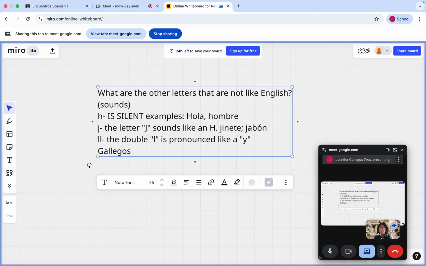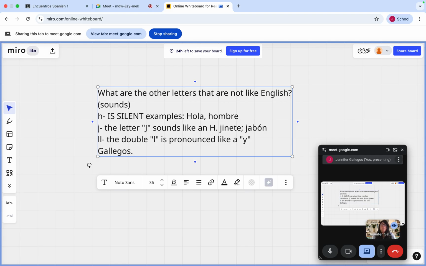Remember, G when paired with an A or an O is going to sound like English G, ga. The first syllable of my last name, ga. And then if you look at the last three letters, it's gos. So what happens? I have a double L in my name, which in the United States, people would pronounce lots of different ways, but it's Gallegos. So a double L is going to always sound like a Y.